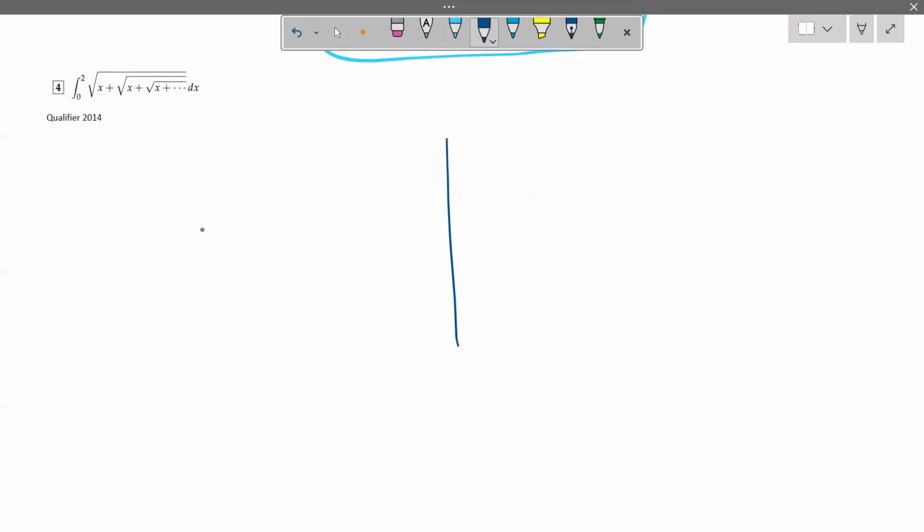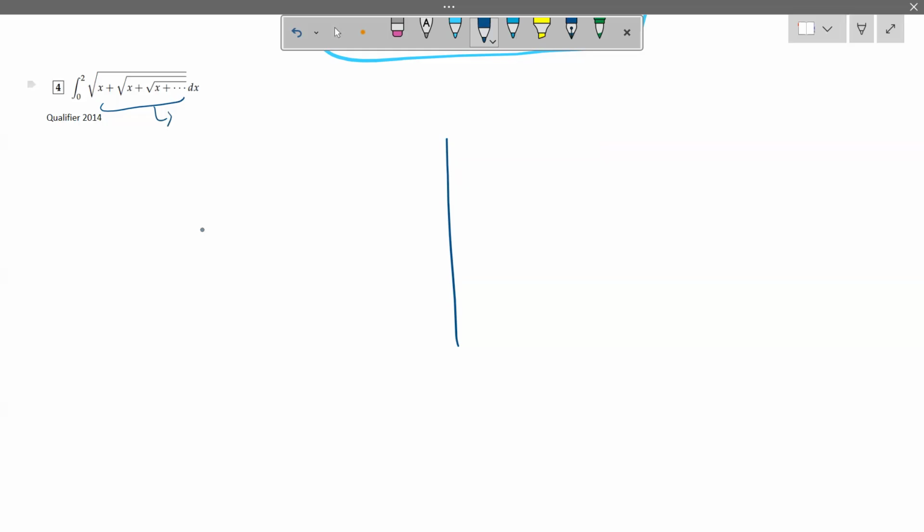It might be a bit difficult here because of the seemingly infinite nested radical: we have the square root of x plus, and inside the square root we have a square root of x plus, and then inside of that second radical we've got the square root of x plus, and so on and so forth.